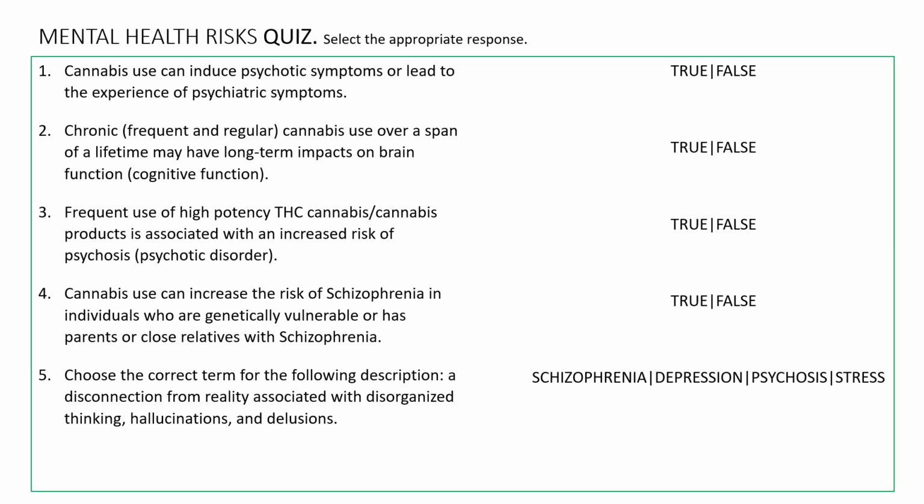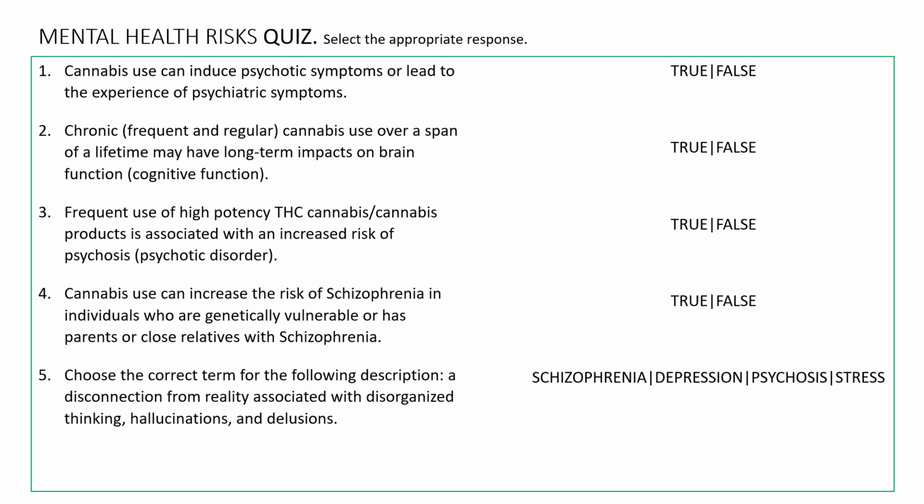True or false? True. Number 2, chronic, frequent and regular cannabis use over a span of a lifetime may have long-term impacts on brain function. True or false? True. Frequent use of high-potency THC cannabis or cannabis products is associated with an increased risk of psychosis or psychotic disorders. True or false? True.